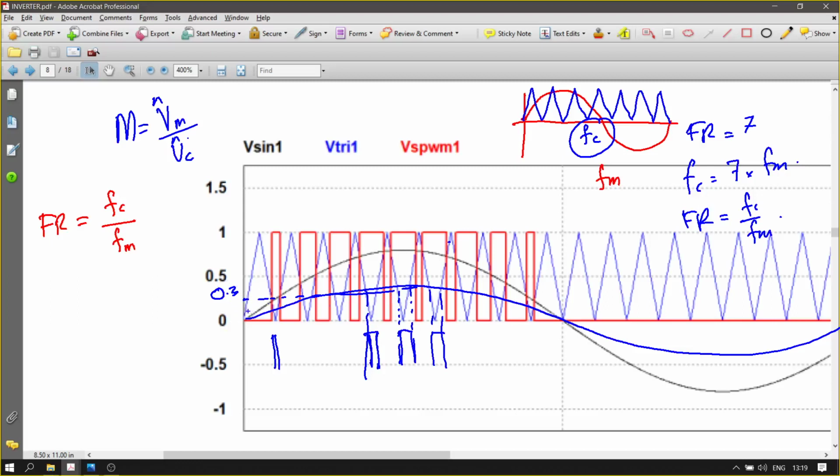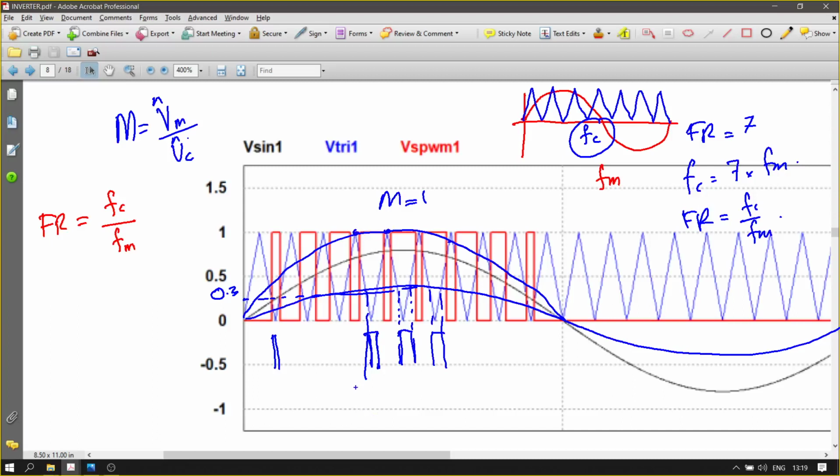But if you increase the modulation index, let's say the modulation index becomes 1, so this is your modulating signal of 1, M equals 1. Therefore, your pulse gets bigger, isn't it? Because now you have the crossing there and there.